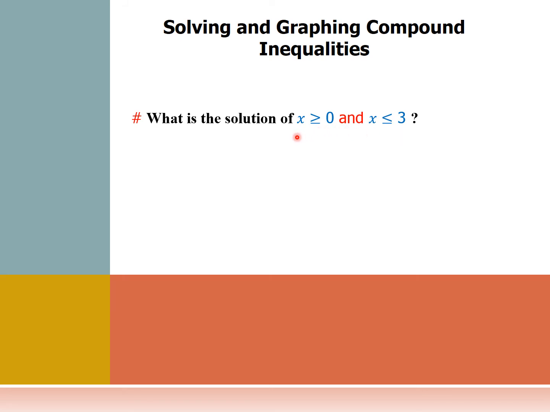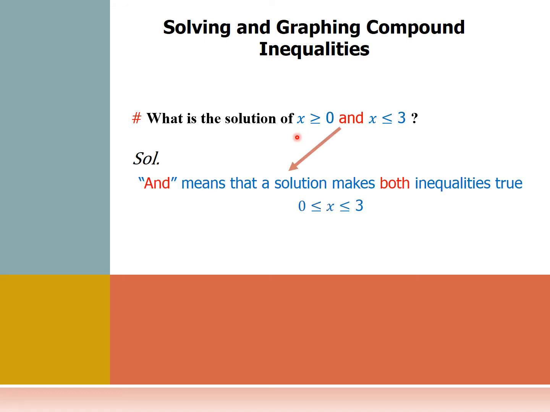To find the solution or the graph of a compound inequality, we start with and, which means that a solution makes both inequalities true.